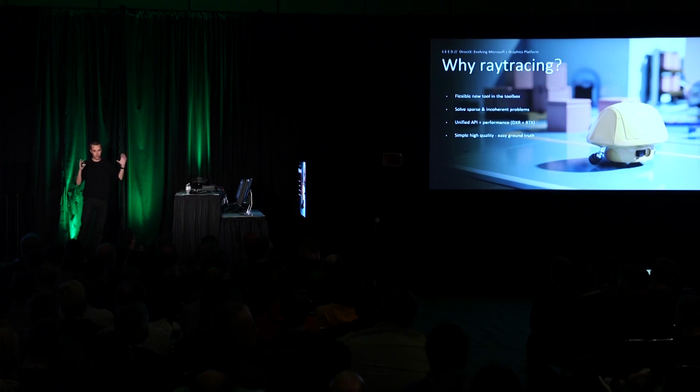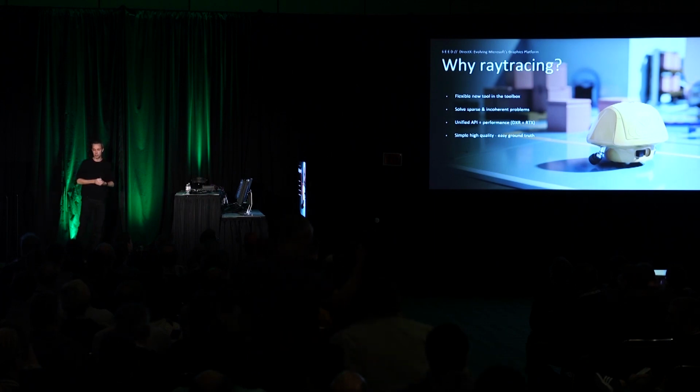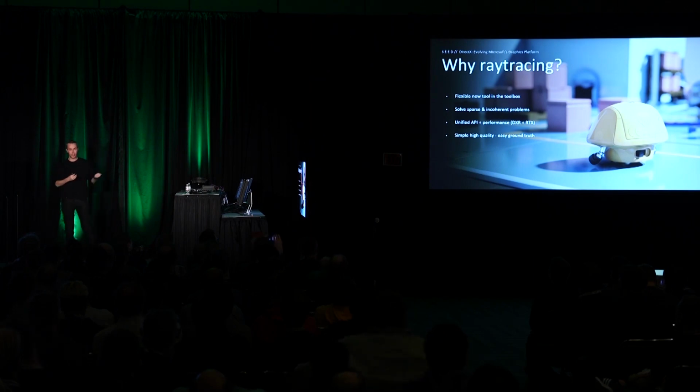Rasterization is awesome for large brute force rendering of large viewports and tons of things, but there are so many techniques where it's not really appropriate. And at this specific time, I can't stress enough the importance of having an actual unified API and how much that helped us, where we can do both graphics or rasterization and compute and ray tracing and have it all fitting together.